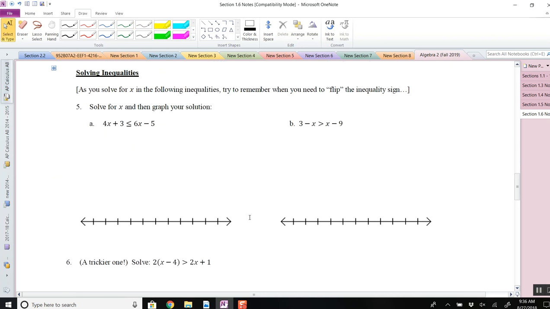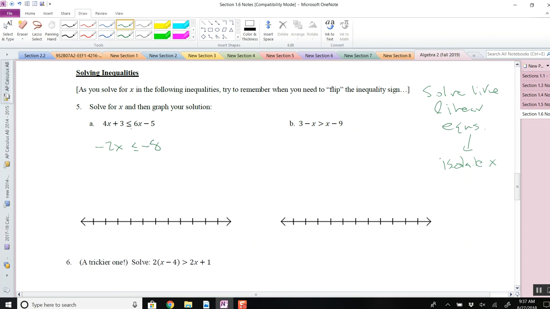Now we're going to solve these inequalities, and what you do is solve like you're dealing with linear equations. It's not really that much different. You're combining like terms, you just want to isolate x. So if I move things around, I get -2x on this side and -8 on that side.